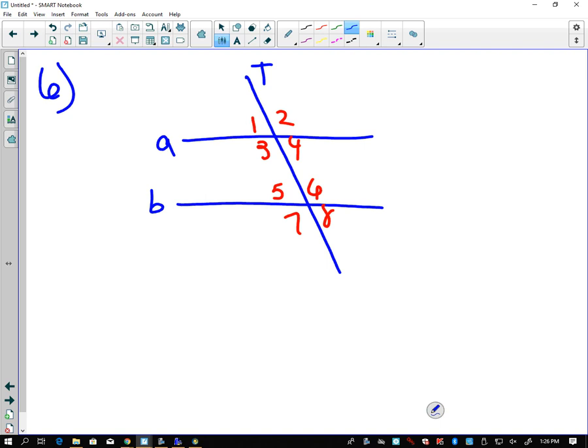Let's see some pairs of angles that, if congruent, would prove that those lines A and B are parallel to each other. Can anybody tell me 2 angles, if they are congruent, would prove that those 2 lines are parallel? 6 and 2. You're right. Can you tell me why?